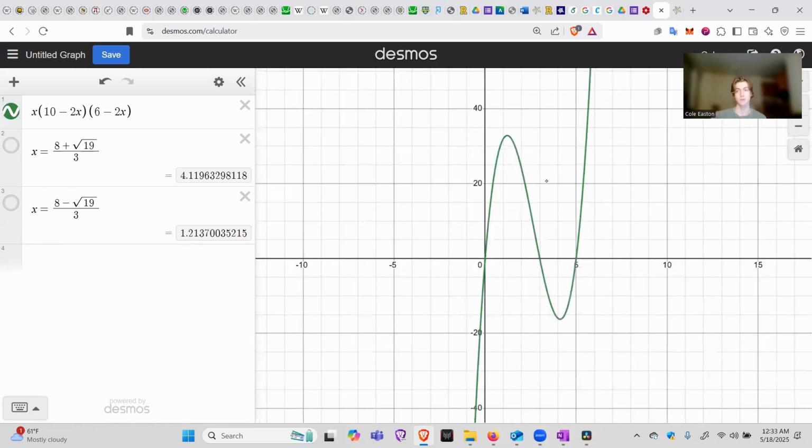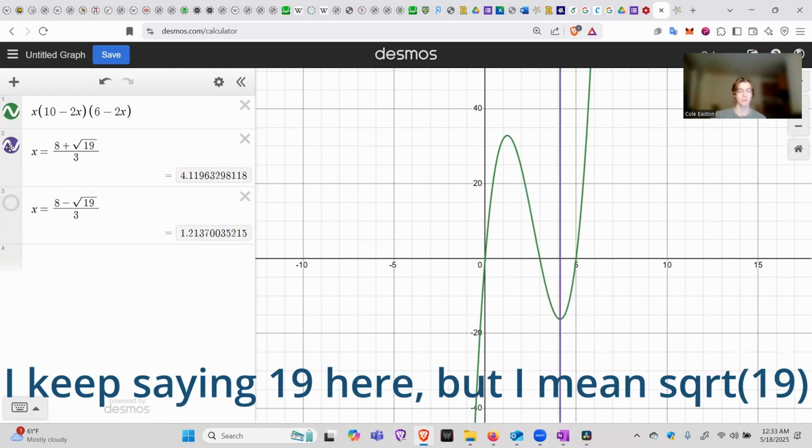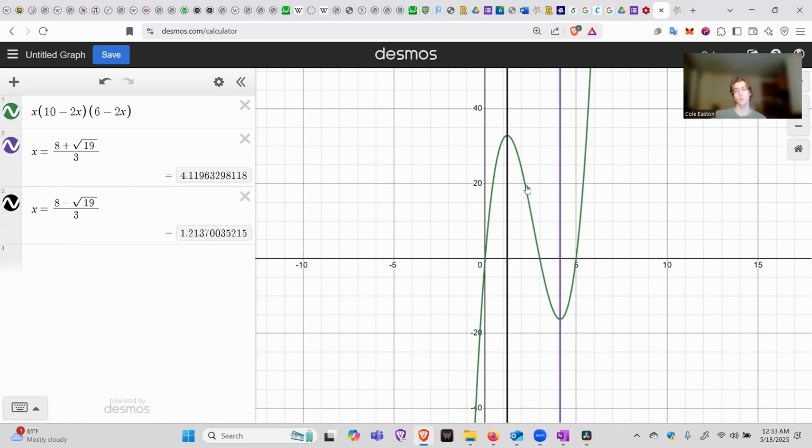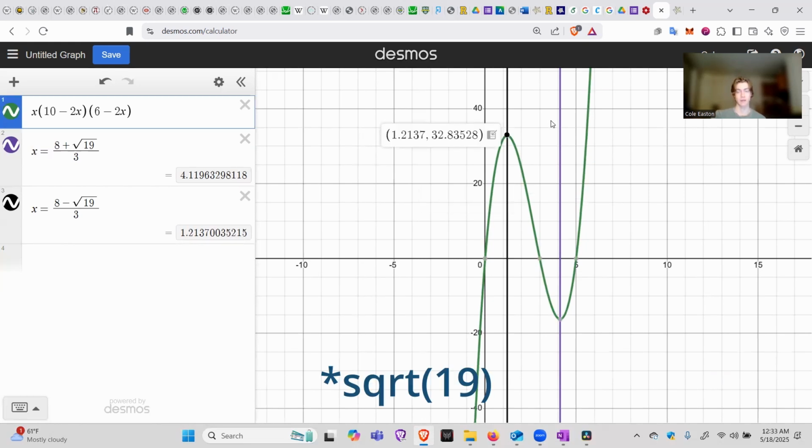Now we see that there are 2 points on our graph that have horizontal tangents. One of them is x equals 8 plus root 19 divided by 3, and the other is x equals 8 minus root 19 divided by 3. And so the one that maximizes our function is 8 minus root 19 divided by 3.